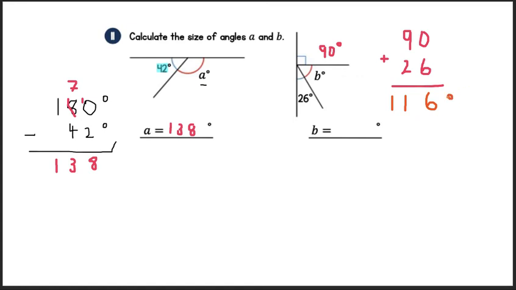We take that away from 180 now. Zero take away 6 I'm unable to do, so I'm going to have to regroup.